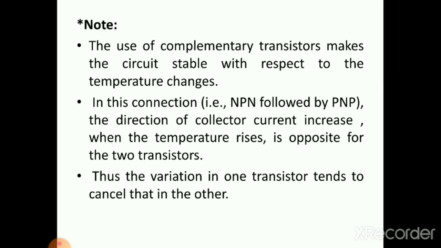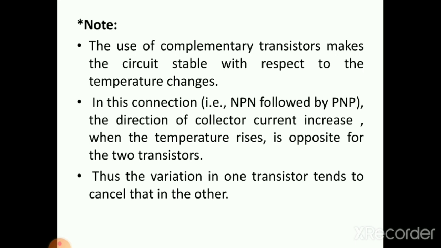The direction of the collector current change when the temperature rises is opposite for the two transistors. In NPN, when the temperature rises because of some internal action, the collector current increases. In the case of PNP, it will reverse. That means the collector current will decrease.